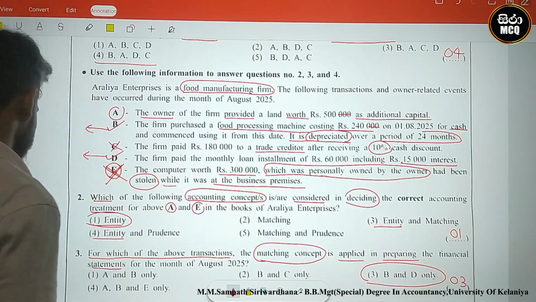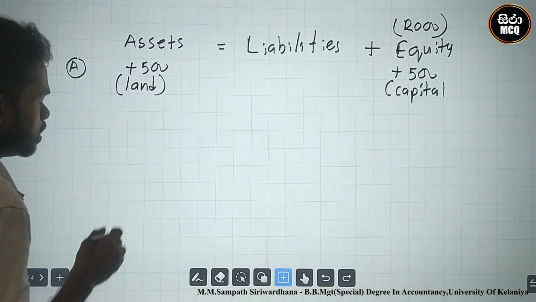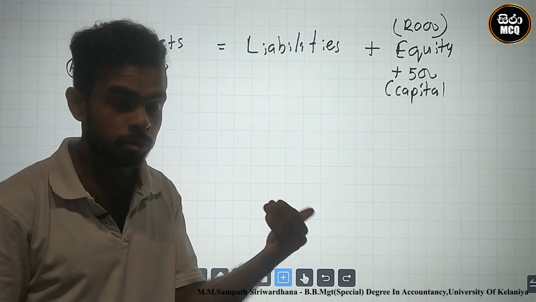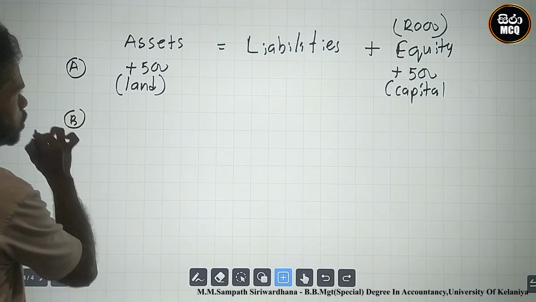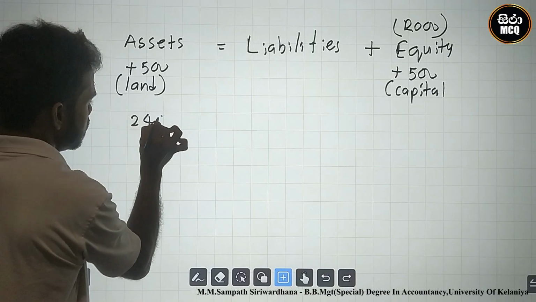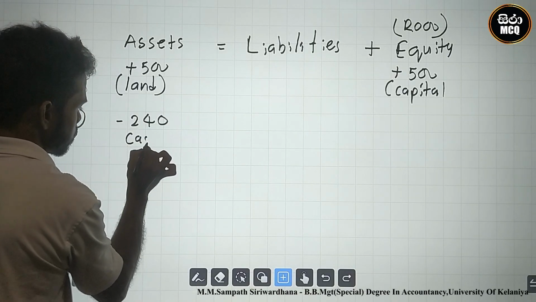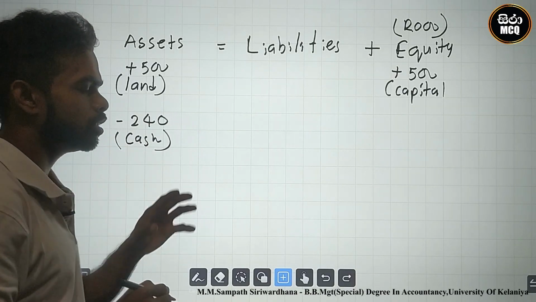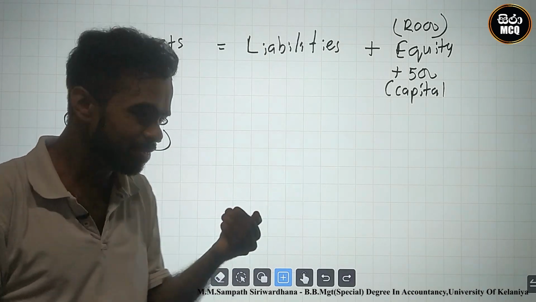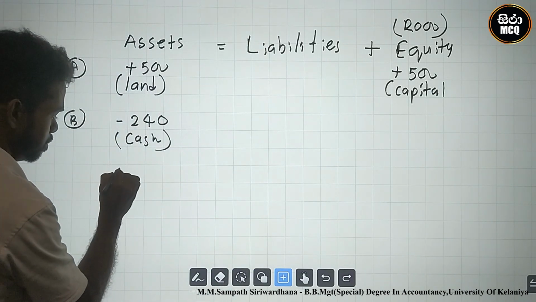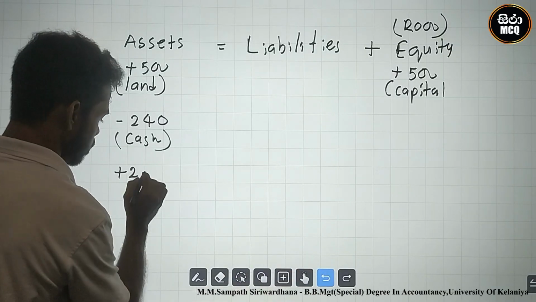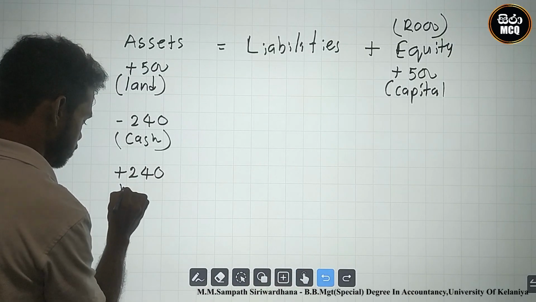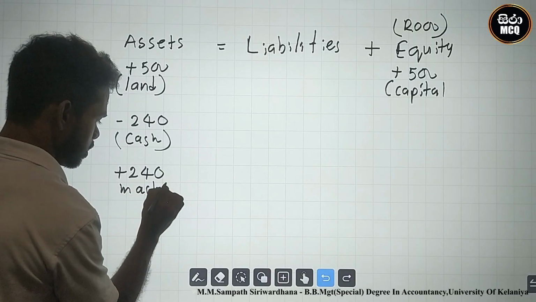First, we must record the purchase of 240, cash paid, a cash outflow. This is B. Cash outflow 240, cash. There is a visible thing, the machine, an inflow to the business, plus machine 240.